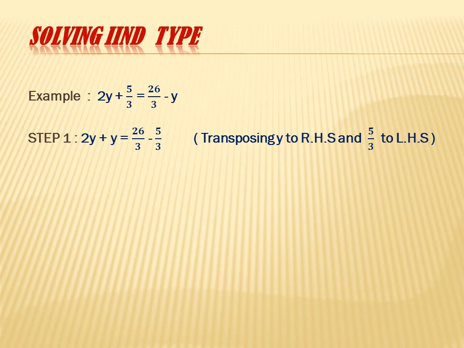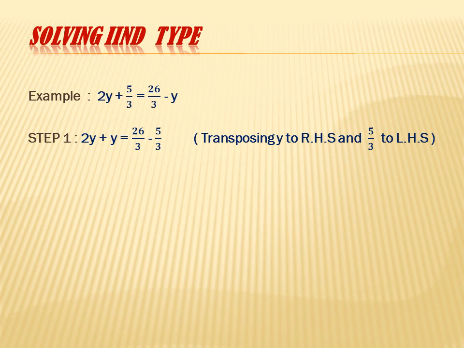Now step 1 will involve again the same way that we are going to shift the variable on one side and the constant on the other side. So we will transpose the variable minus y from the right hand side to the left hand side and the constant 5 by 3 from the left hand side to the right hand side.